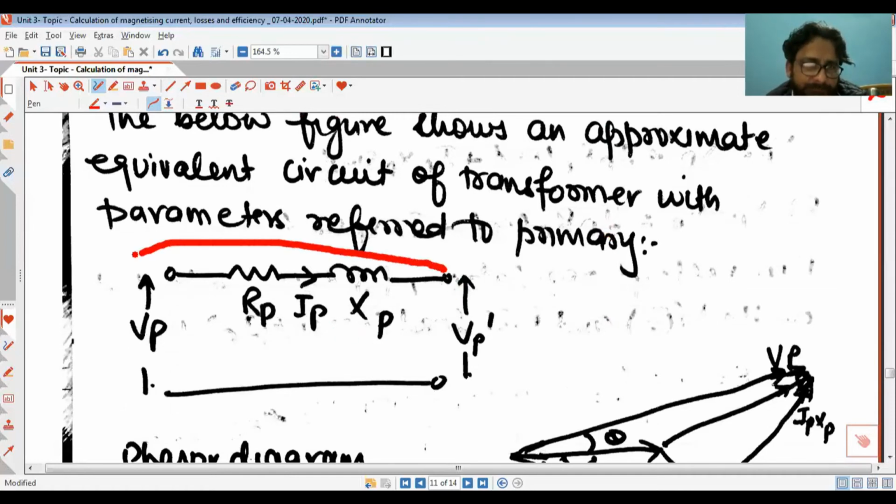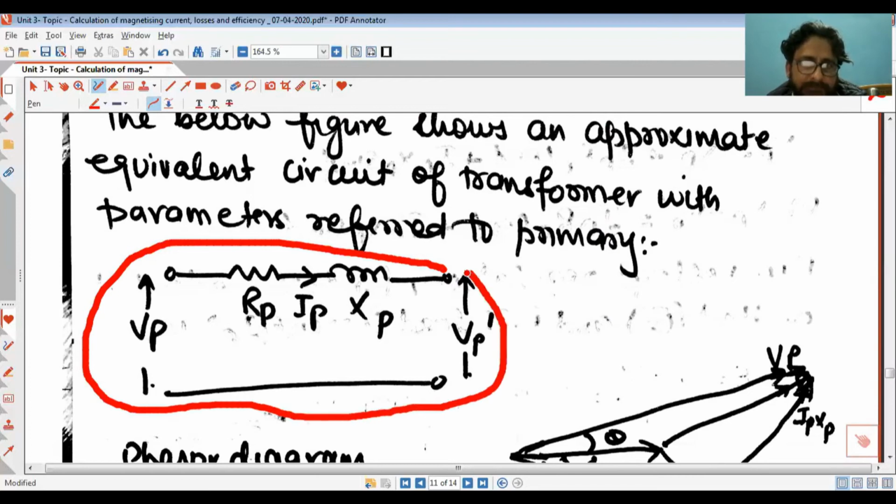This diagram here is the diagram of transformer equivalent circuit when referred to primary. Okay. So in this condition, you can see Vp is the primary voltage, Vp dash is the voltage of secondary referred to primary, Rp is the equivalent resistance, Xp is the equivalent reactance.